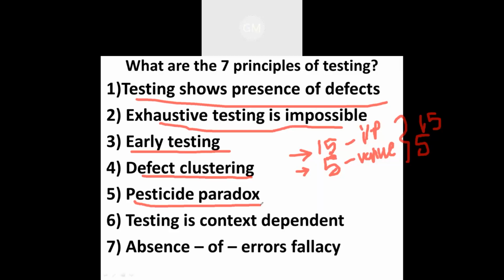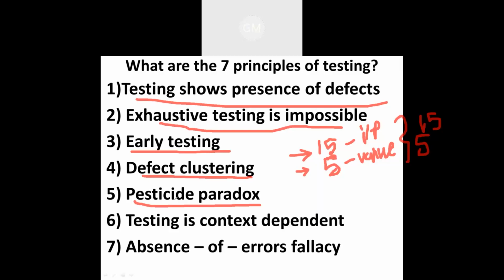It says that it is really very important to review the test cases regularly, and new and different test cases need to be written to exercise different parts of the software or system, to give the potential for finding defects.